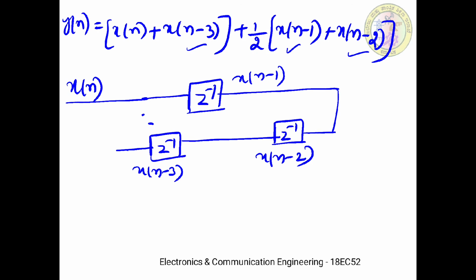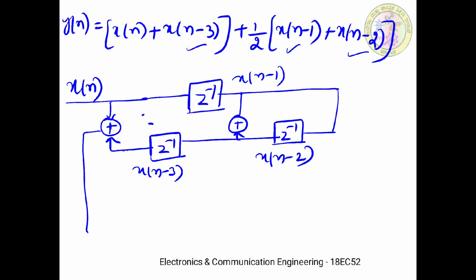Now the first term is x(n) plus x(n minus 3). x(n) is here already, so we need one adder to add x(n) and x(n minus 3), and that sum is multiplied and then added with the next term. The next term is the addition of x(n minus 1) and x(n minus 2). Here we have n minus 1, added with n minus 2.